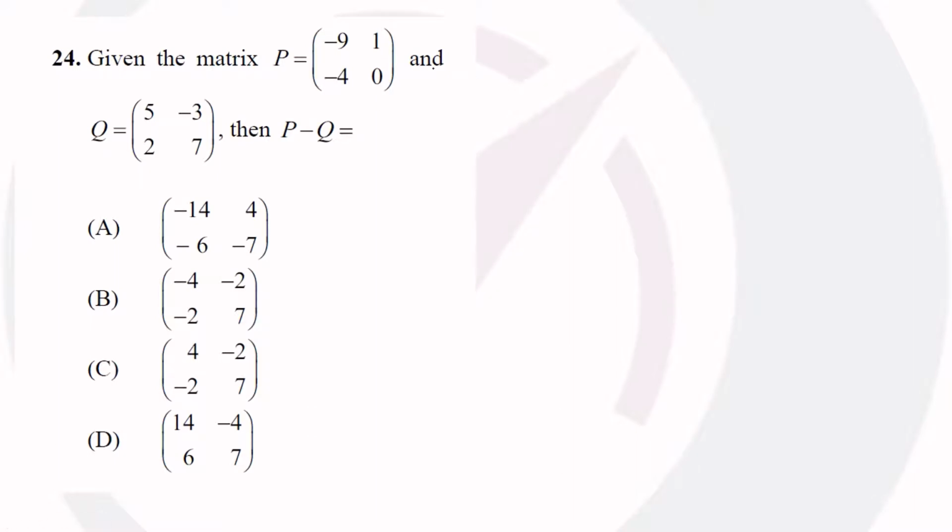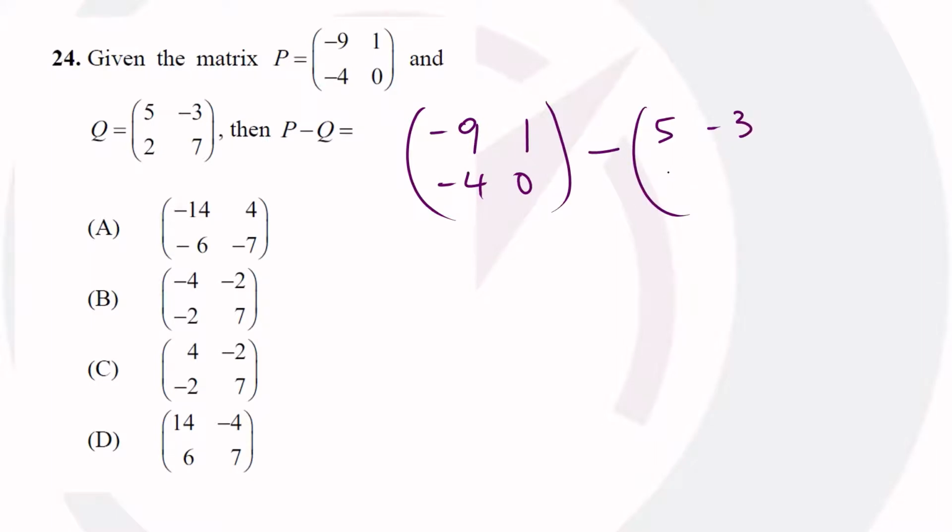So let's set them out. We have P: negative 9, 1, negative 4, 0, minus 5, negative 3, 2, 7. So negative 9 minus 5 gives us negative 14. 1 minus negative 3 gives us positive 4.